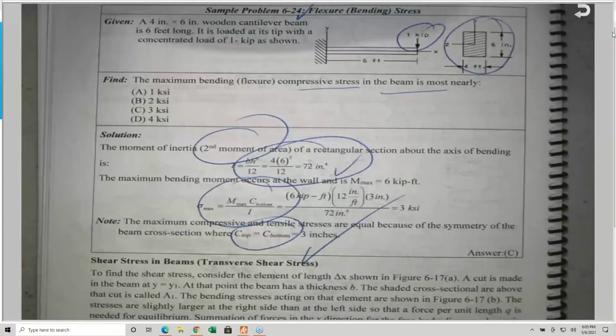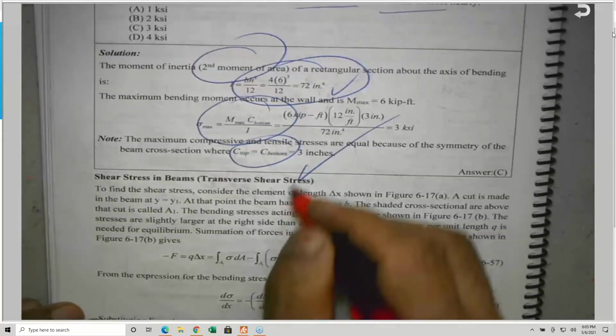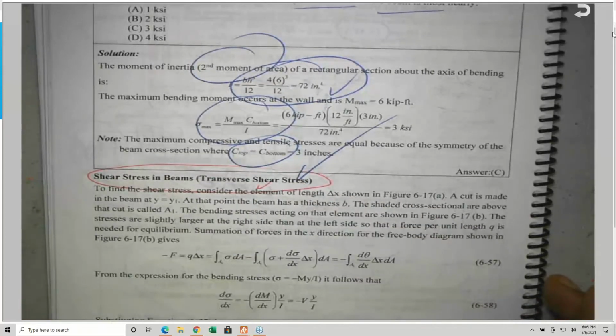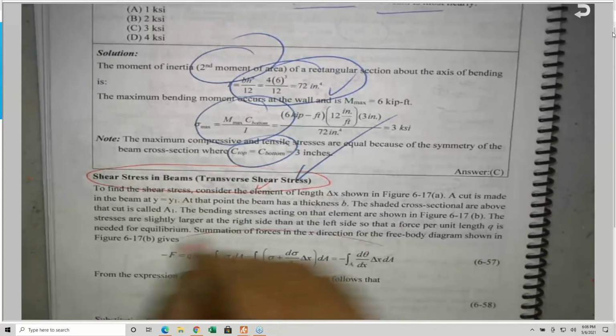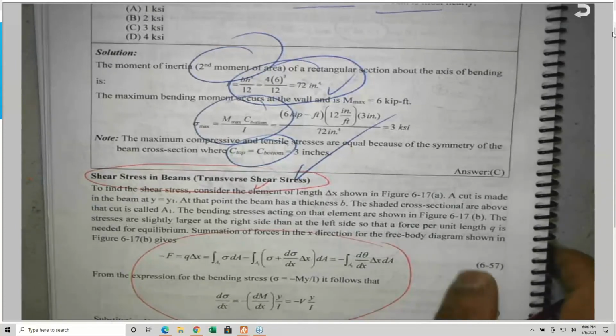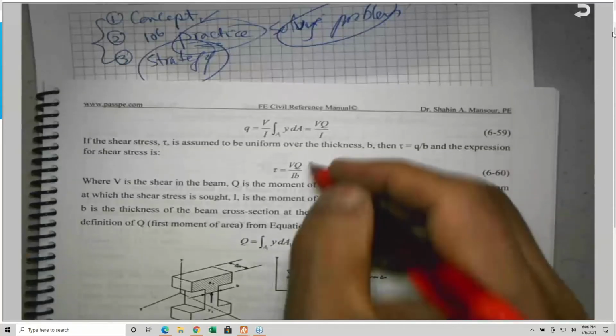Okay, welcome back everybody after this short break. In the second section here, I discussed briefly also the transverse shear stress, which is tau. Obviously, sometimes I'm providing a little bit of theory, not in depth, but basically tau is equal to VQ over IB.